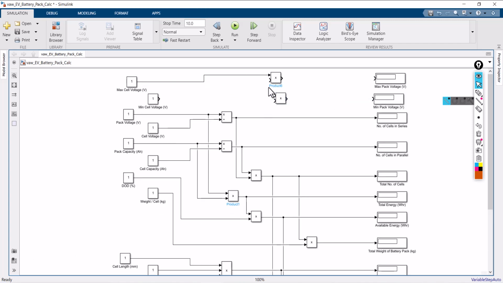Maximum cell voltage multiplied by the number of cells in series will give you the maximum pack voltage.